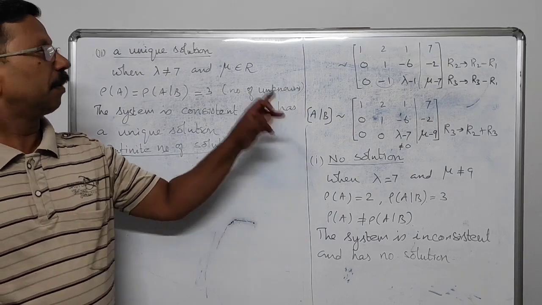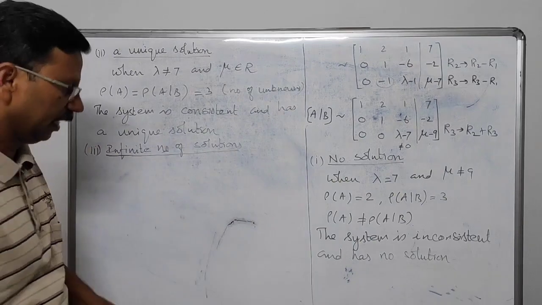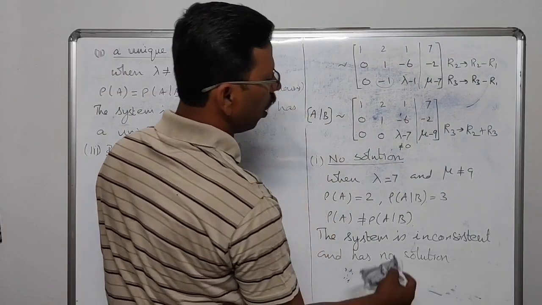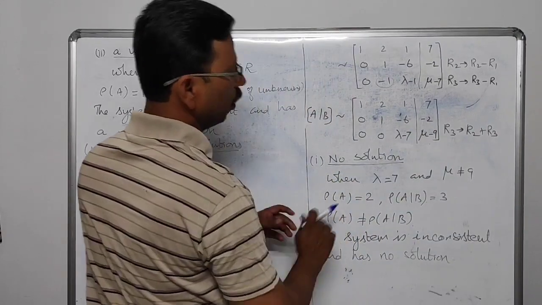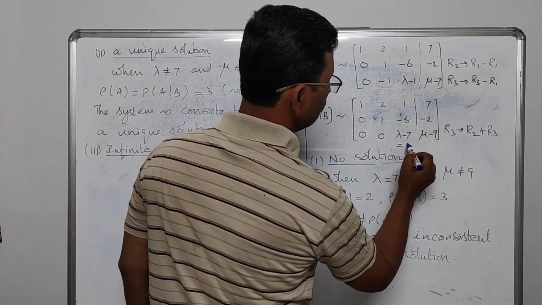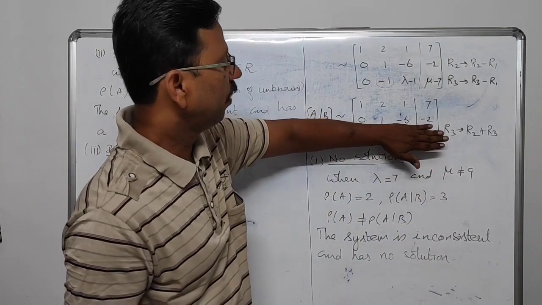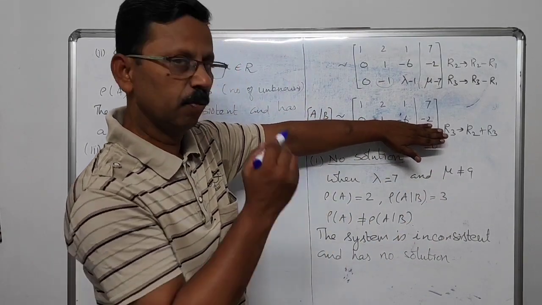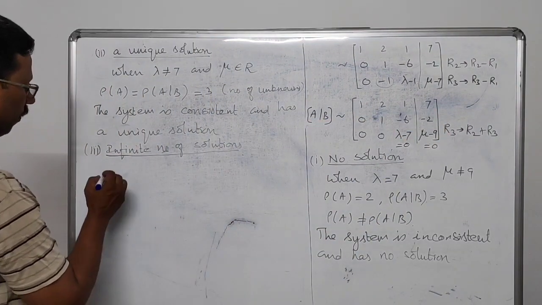Because the number of unknowns is 3, both ranks should be less than 3, so it may be 2 or it may be 1. Here we have the unknowns, therefore try to make this 0 and this also 0. If these two things are 0, we will have only 2 non-zero rows in both A and AB, hence the rank will be 2.